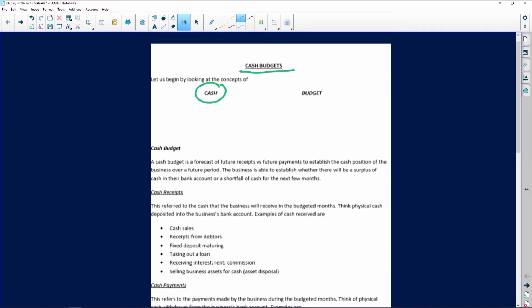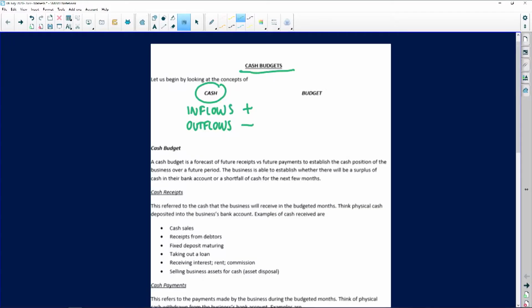So let's start off with something very, very basic. What is a cash budget? Now remember, when we talk about the word cash, we are referring to the inflows and the outflows of money from a bank account.